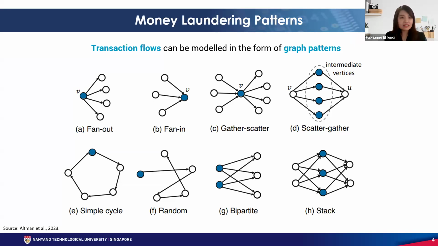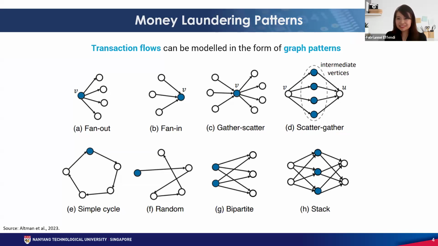This would usually adopt patterns such as fan out and fan in, gather, scatter, scatter, gather, and so on, where each of these transactions and accounts will all be interrelated with each other. These patterns facilitate the movement of the illicit funds, which pose challenges for banks to trace back to the true beneficiaries.